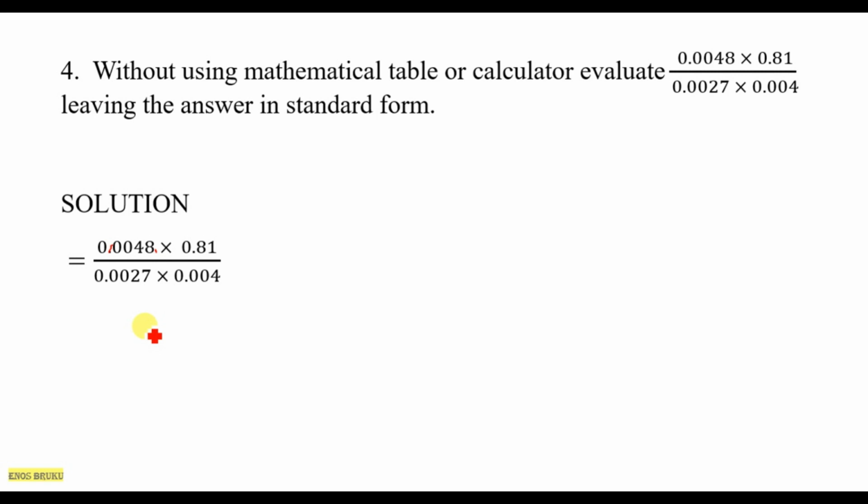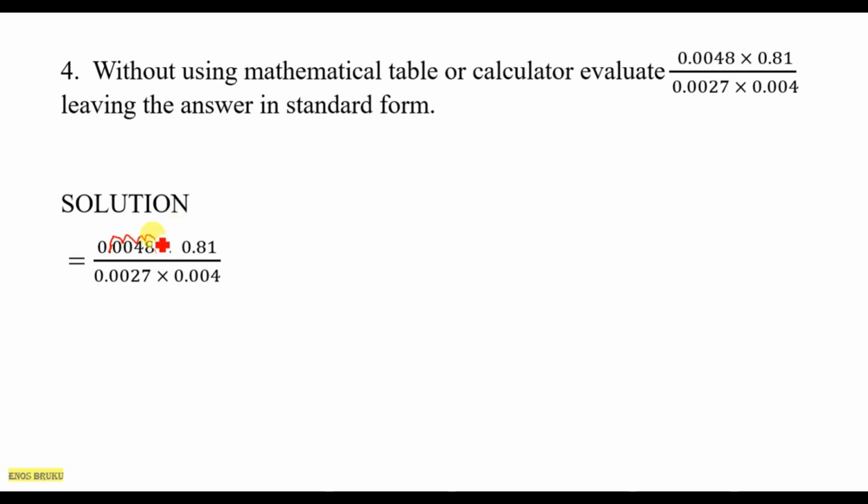Okay, so now we move the decimal point from here to in front of the 8. And moving that, you will move the decimal point 1, 2, 3, 4 times. Because this is a small number, we are going to multiply it by 10 raised to the power negative 4.